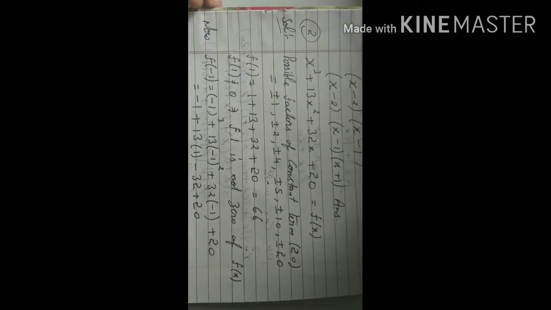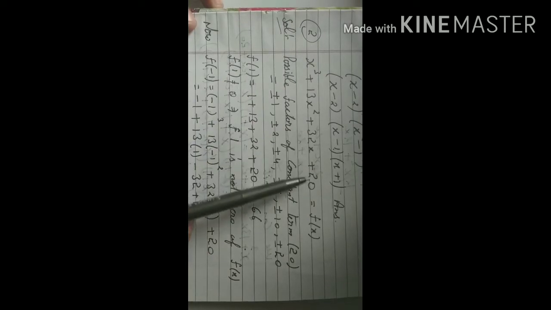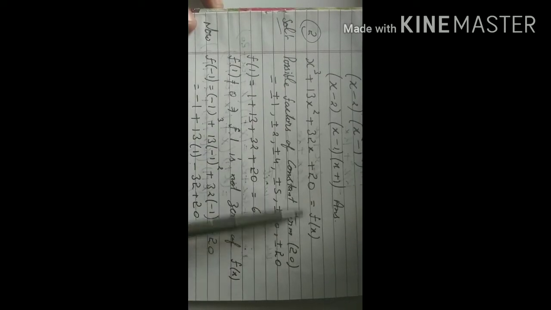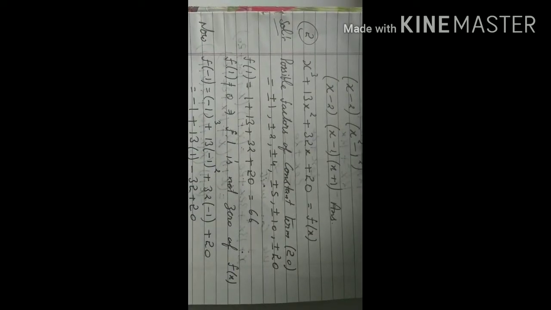Clear? Now the second example: x cube minus 13x square plus 32x plus 20 is equal to f of x, which is also a cubic polynomial.